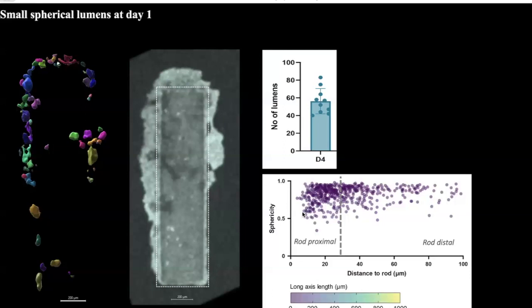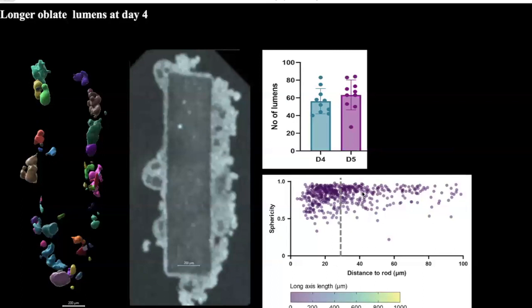You see that quite a number of lumens form in the very vicinity of the rod. Some others are further apart, inside the big chunk of hepatoblasts that are there. Now, if you wait for a longer time, at day 5, you get pretty much the same number of lumens.